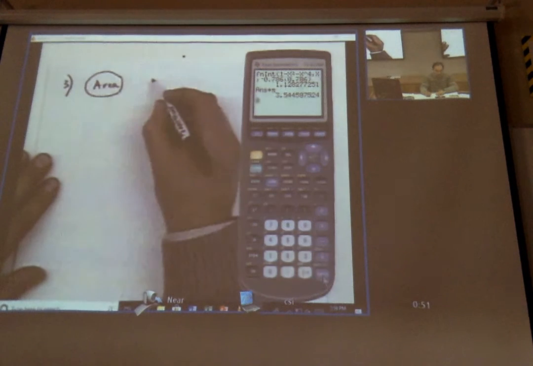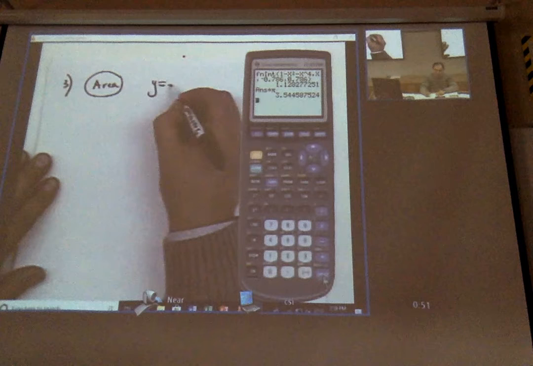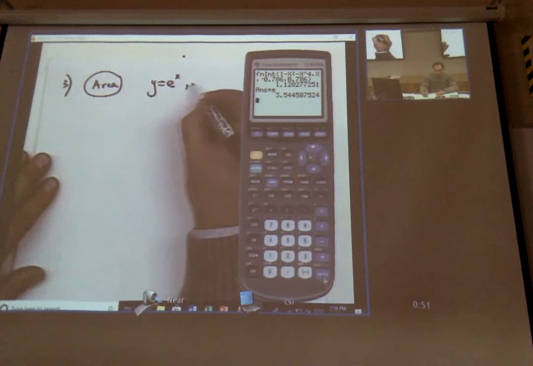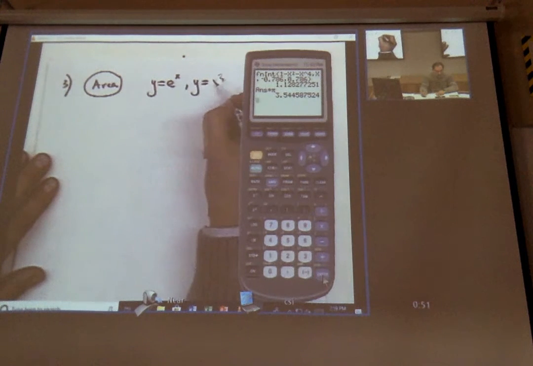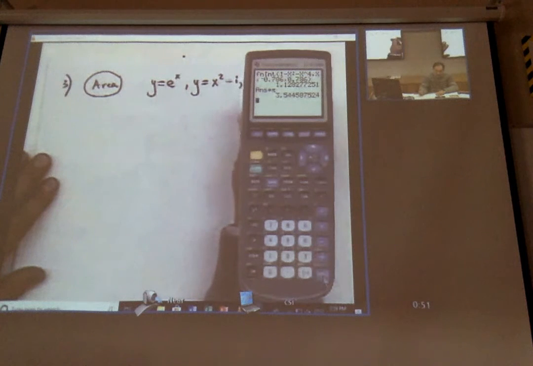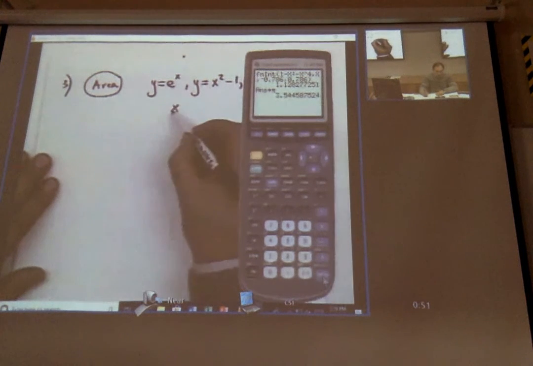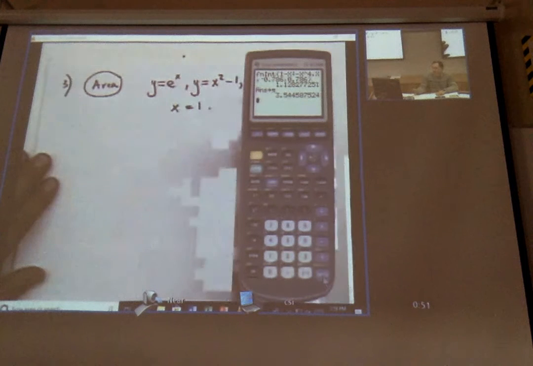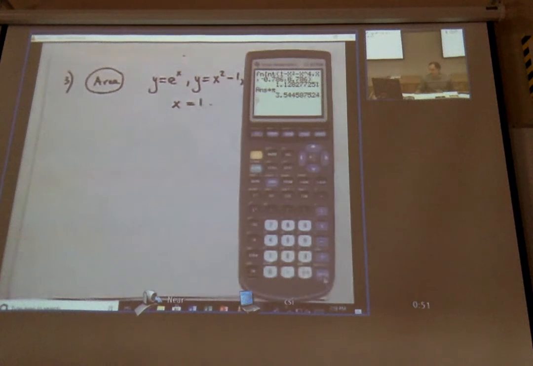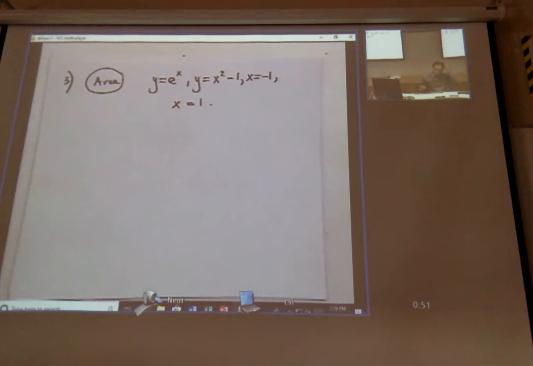And so we're looking for the area. Here, you have a choice. You can say you want to go with dx, or you want to go with dy. It all depends if you will get 2 integrals or 1. So area is more flexible. Okay?